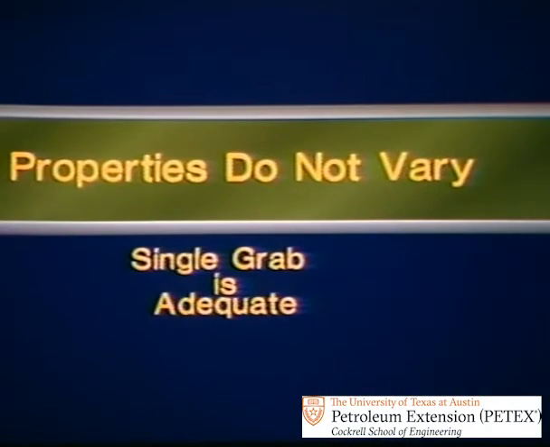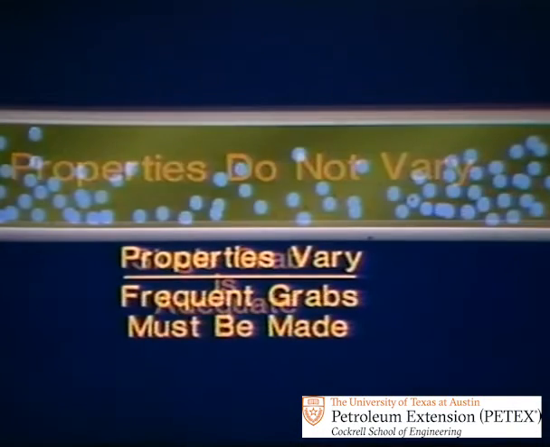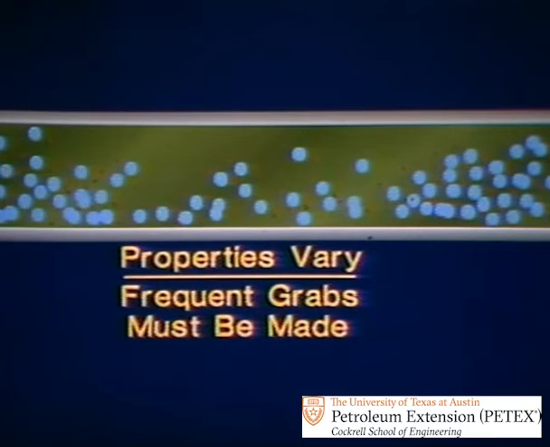In some cases, grabbing a representative sample is easy. If the properties of the oil or product flowing through the line don't vary, then a single grab from any part of the shipment is adequate. On the other hand, suppose the properties vary as it flows through the line.